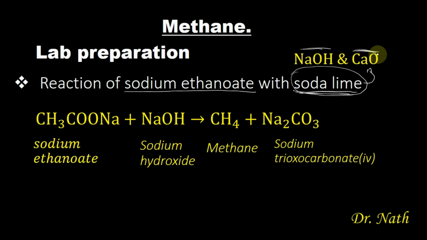The calcium oxide will not take part in the reaction, but soda lime, a mixture of sodium hydroxide and calcium oxide, is preferred, and there is a reason for it. We'll look at it as we progress further. So just know here that methane can be prepared in the lab by reaction of sodium ethanoate with soda lime, and know this equation.